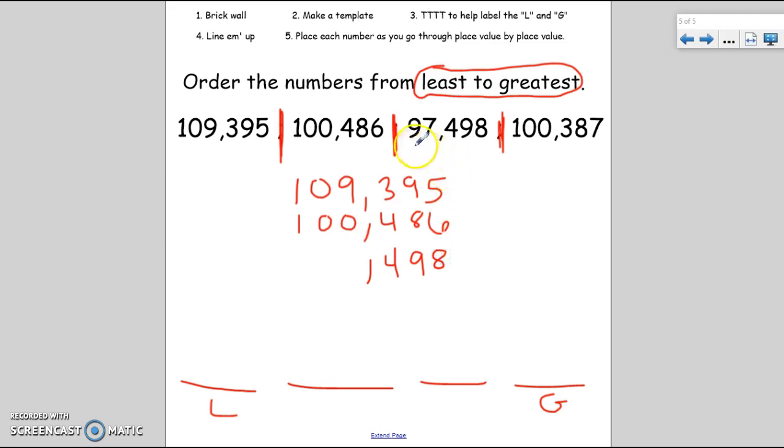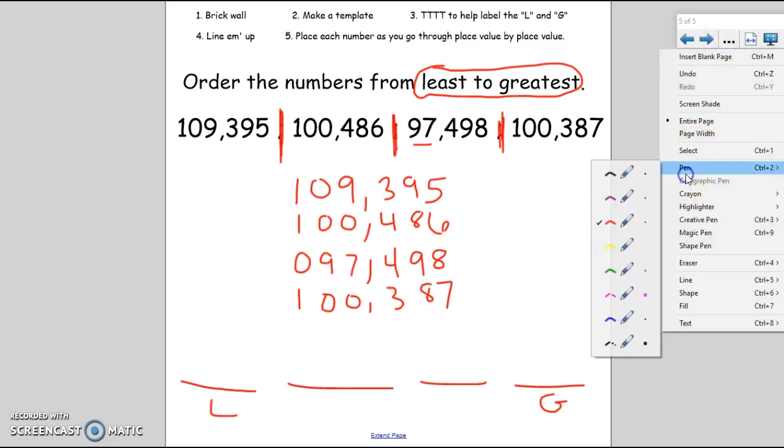But when I fill in that 97, I want to make sure that the 7 stays in the thousands place and the 9 stays in the 10,000s place. And this number doesn't have any 100,000, so that's going to be where my 0 is going to go. And then, of course, I need to line up my last 6-digit number, which is going to have a beautiful space for everything.